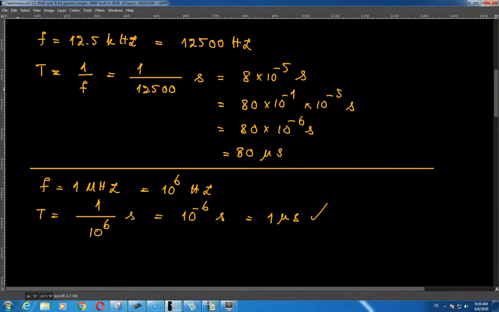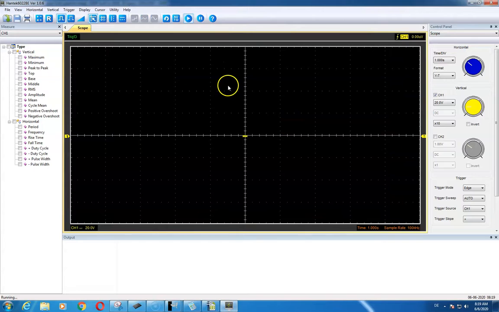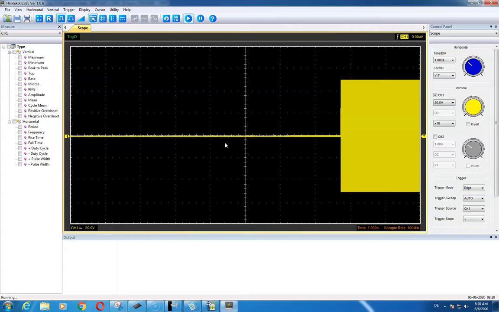So if I run this software over here, you can see that now I can connect the output, for example, to channel 1 of this. This is essentially a digital oscilloscope, and you can see that I have some reading over here.